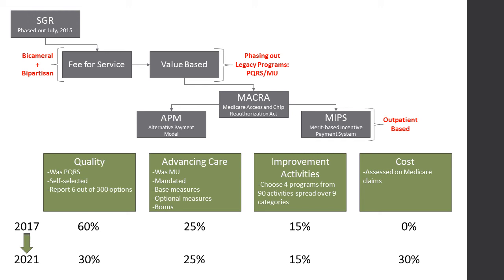If you report the basic qualifying data, you will be neutral in 2018, meaning you won't lose anything. If you don't participate in MIPS and you take care of Medicare patients, you will receive a 4% reduction in Medicare reimbursement in 2018, and it goes down thereafter.